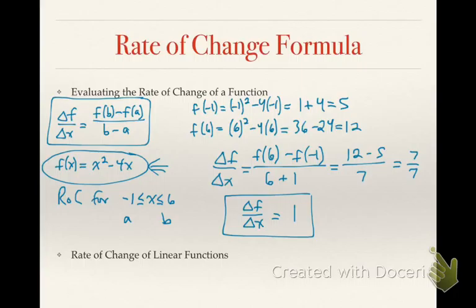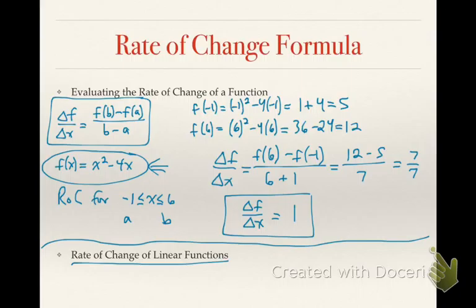Now, in this unit, we're focusing on linear functions. What's really important to note is that for linear functions, the rate of change is constant. No matter what interval you're looking at, you're always going to have the same rate of change for a linear function.